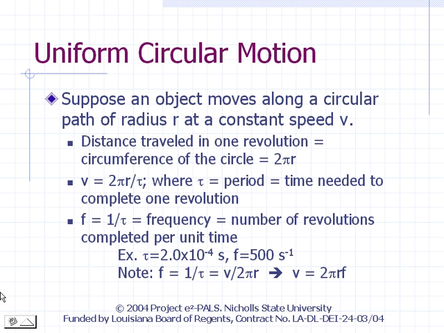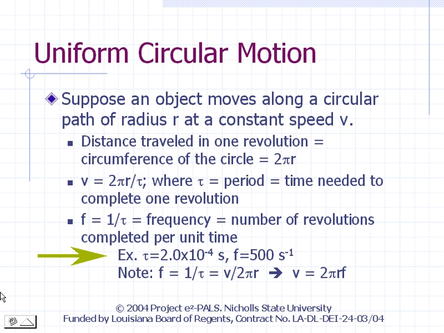A quantity often used to describe periodic circular motion is frequency. Frequency is the reciprocal of the period and is simply the number of cycles completed per unit time. It is somewhat easier to visualize the motion given the frequency, especially at high speeds.